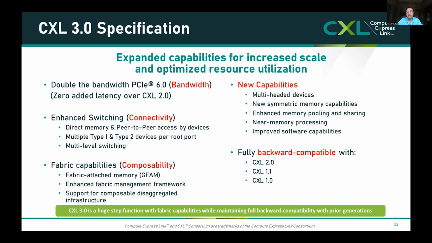All of these capabilities will eventually help us build shared memory regions and memory pooled regions, all within a backward compatible specification. If you start building CXL 3.0, you could have some confidence that CXL 2.0 devices will interoperate with your device.